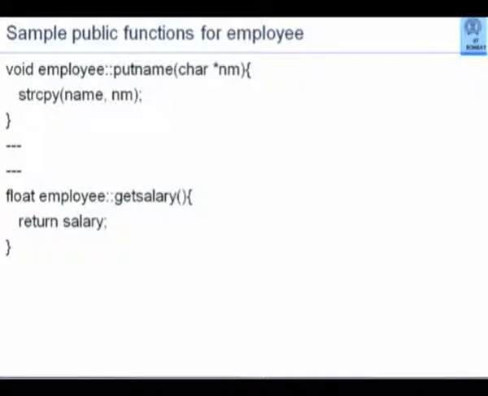To get the value out from any data element of an object, you have functions which will be get name and get salary. Here I have shown the implementation of get salary, which is perhaps the simplest of the functions. It simply says return salary.